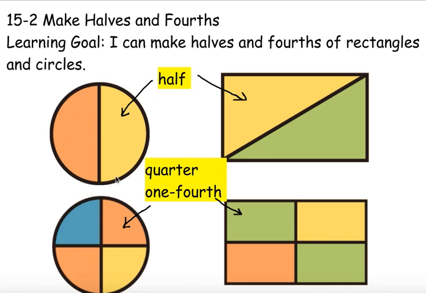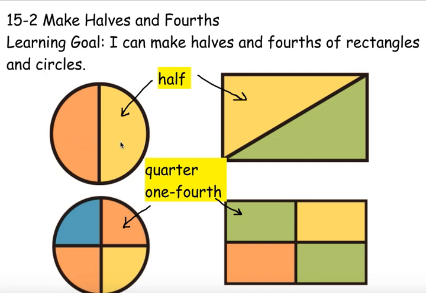You'll see that here I have a circle and I have a rectangle. I put a line through each of the shapes and break them into two equal shares. So in the previous lesson, 15-1, yesterday you learned about the word share and equal share, right? So this line is right in the middle of the shape, and I know visually that these two parts are equal.